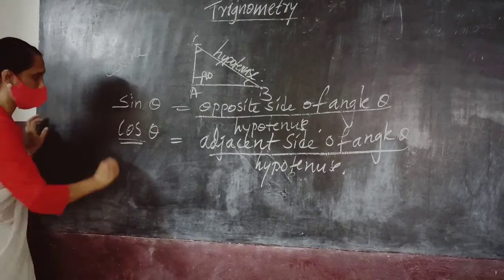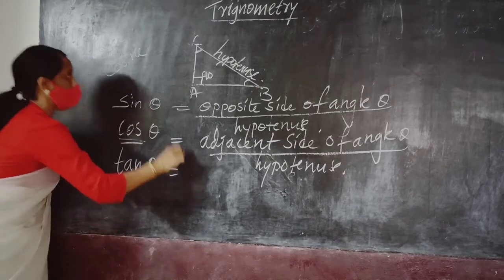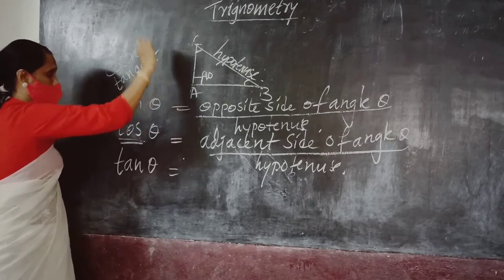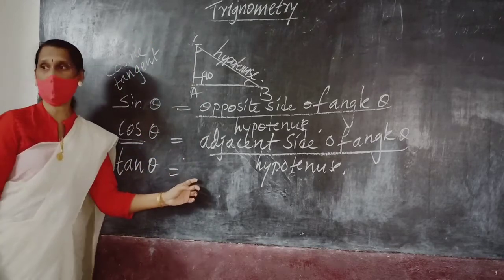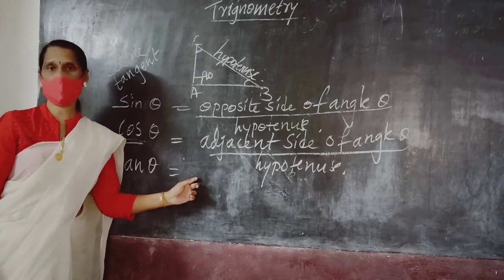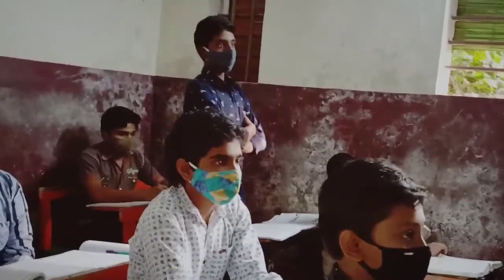In the same way, there is tan theta. Actually, tan means tangent. So who will say tan theta? Christopher, what is tan theta? Opposite side of angle theta by adjacent side. Okay, very good.